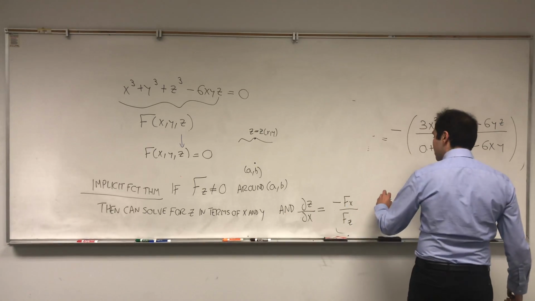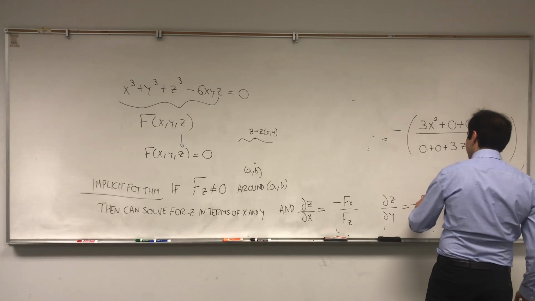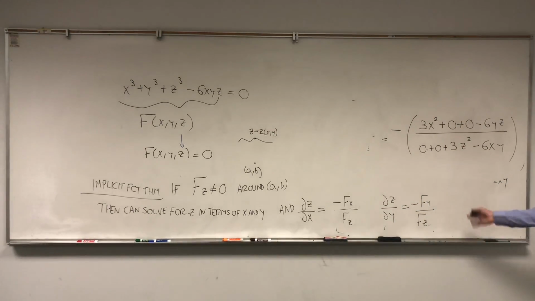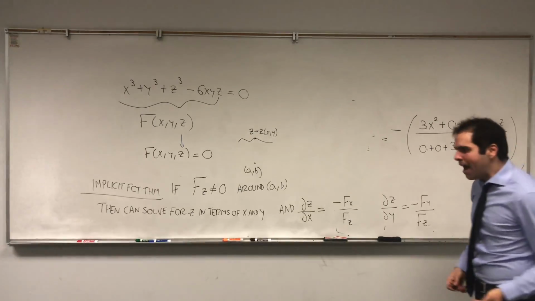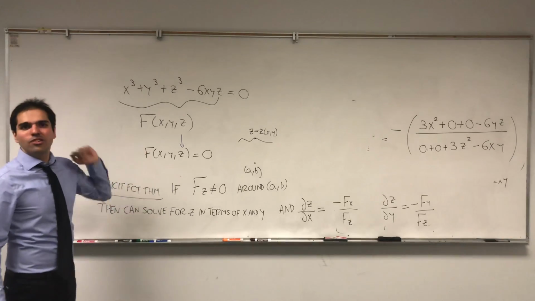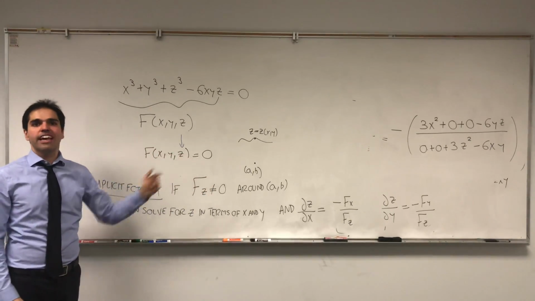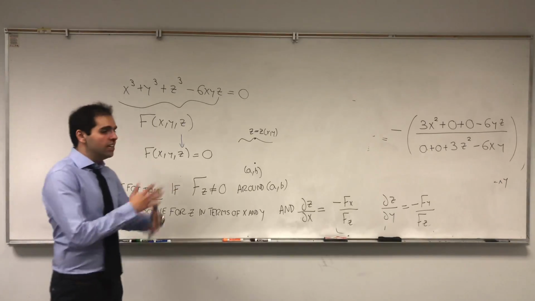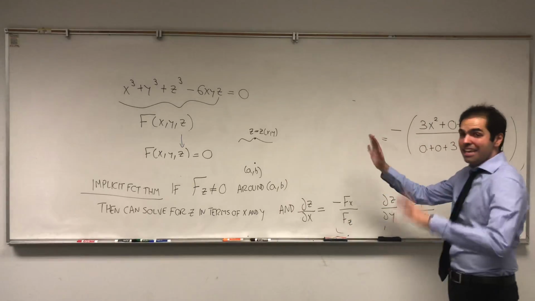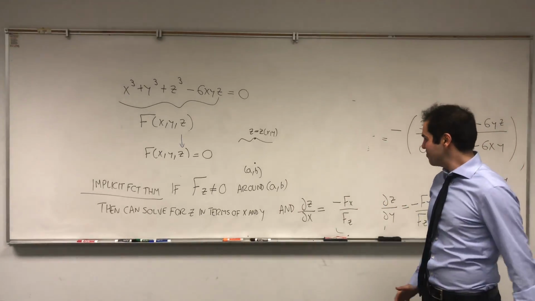And similarly, the derivative of z with respect to y is minus fy over fz. And again, this is super useful in math theory because you can't always solve for z in terms of something else, but what this tells you is there's an easy way of getting the derivative of z, even though you cannot explicitly solve for it. That's why it's called the implicit function theorem. It's like an implicit function in this case.